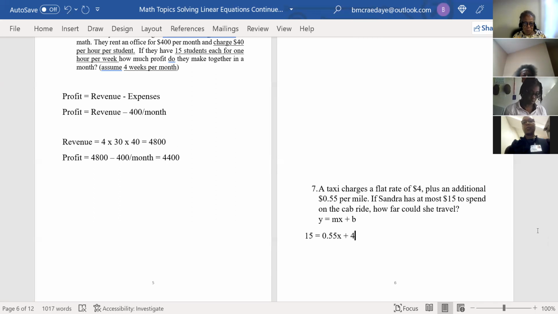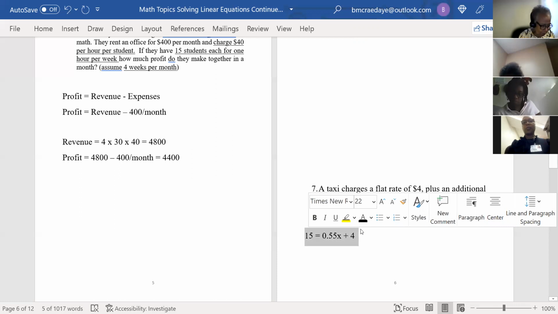What did you do first, Maureen? I would say I was going to take maybe 4 from the $15. Yes, you're going to subtract 4 from both sides. That's right, you're doing the right thing.